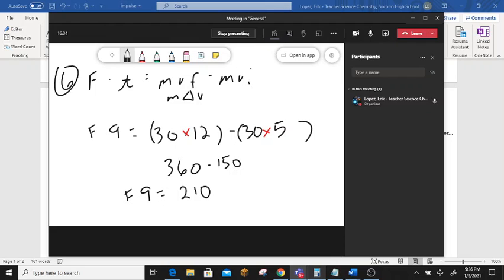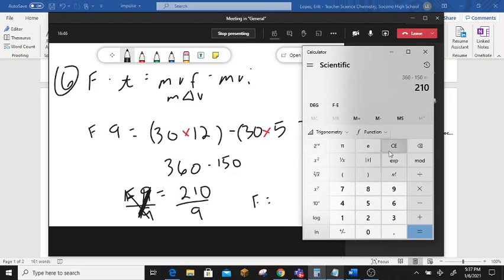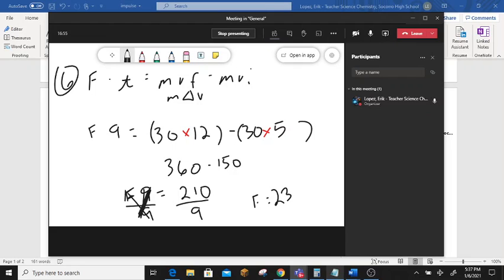So to solve for F, we divide by 9. F is going to equal 210 divided by 9, and that gives me about 23. We'll just say 23 newtons. Okay, and there we go.